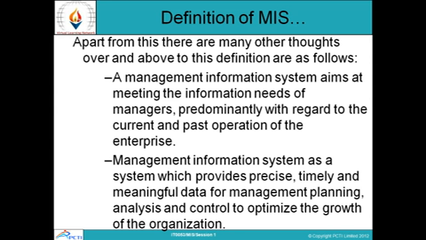Rather, the data must be available in a precise and timely manner. And the worth of this data is that it should be meaningful data for the management planning. Management is looking for the planning, analysis and control of the organization. So if any sort of data is already in a processed form and stored inside the MIS, it will be helpful for the management planning, analysis and control.